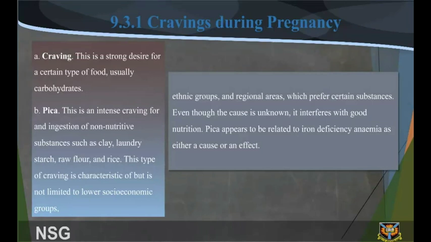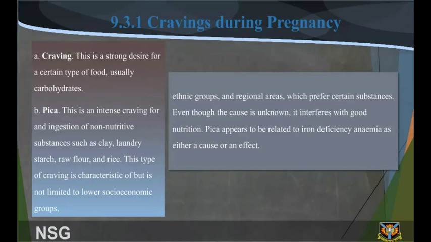Cravings during pregnancy. A craving is a strong desire for a certain type of food, usually carbohydrates. Pica. This is an intense craving for and ingestion of non-nutritive substances such as clay, laundry starch, raw flour, and rice.